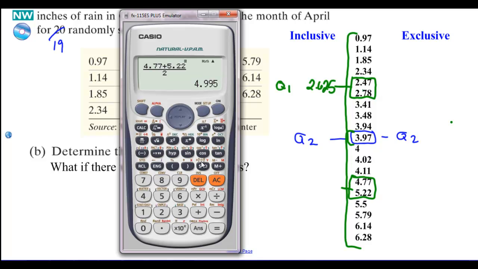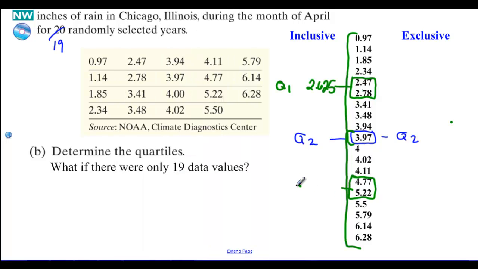And we're at 4.995. And that's going to be our Q3. So again, this is if we are going through and being inclusive, meaning that we are including the Q2 or the median of all the data in the first half and the second half of the data to find Q1 and Q3.